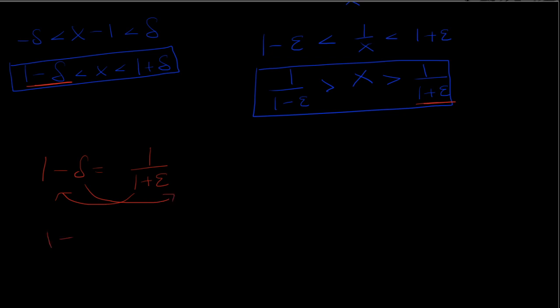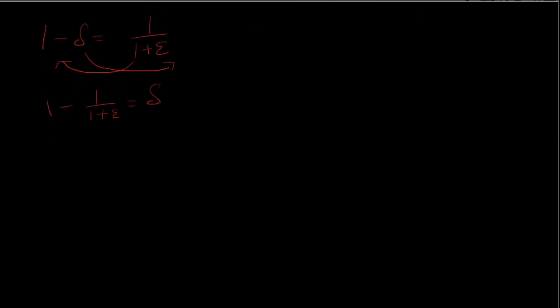So I'm going to have 1 minus 1 over 1 plus epsilon equals delta. And I can simplify this further and say that delta is equal to epsilon over 1 plus epsilon. Okay, and so that's our first delta.